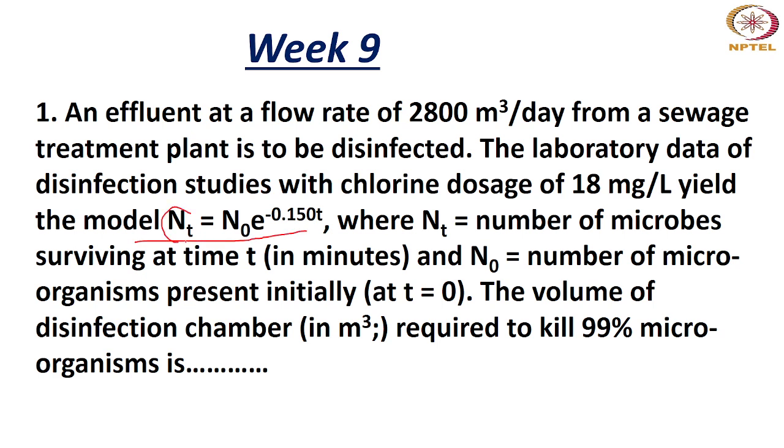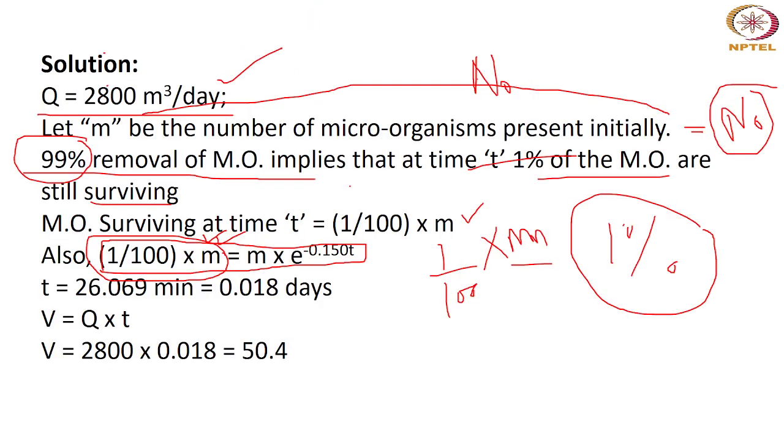At time t, how many microorganisms are present? That is 1% of N naught, and that will be equal to N naught multiplied by e to the power minus 0.15 t. That's what is written here. If you cancel out N naught, you will get t. Just calculate t using ln and you will get 26.069 minutes.